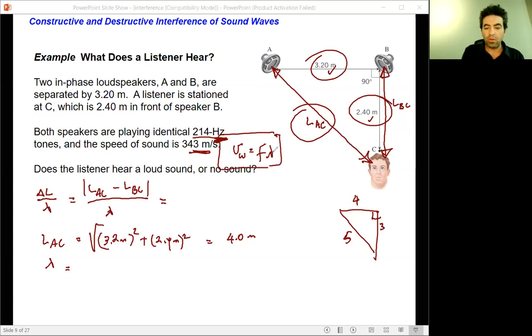So if I want to know the wavelength, I divide both sides by the frequency. So that would be the speed of the wave divided by the frequency. The wave here is sound, so its speed would be 343 meters per second, because this is a speaker producing sound, and I'm given the speed of sound. And that's divided by the frequency, which is 214 hertz.